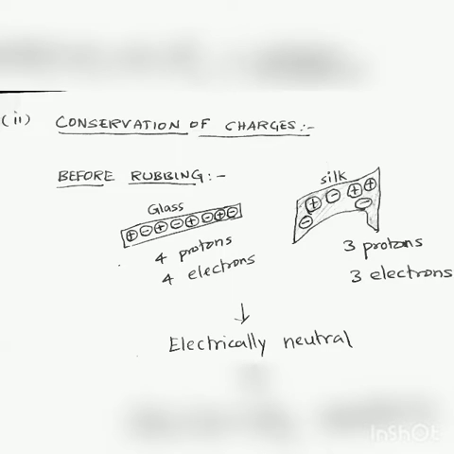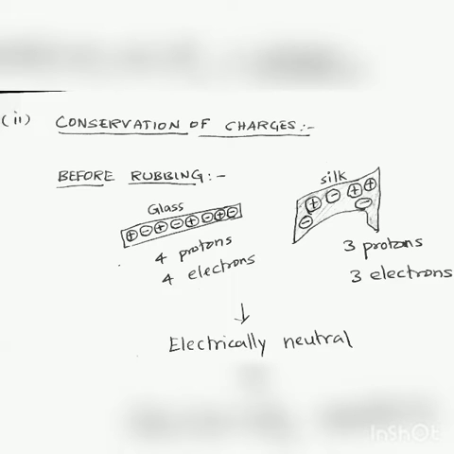The second property of electric charges is conservation of charges. Benjamin Franklin argued that when one object is rubbed with another object, charges get transferred from one to the other. Before rubbing, both objects are electrically neutral.